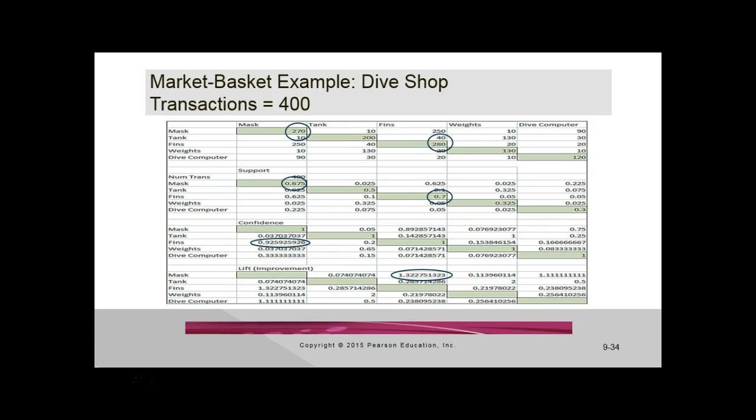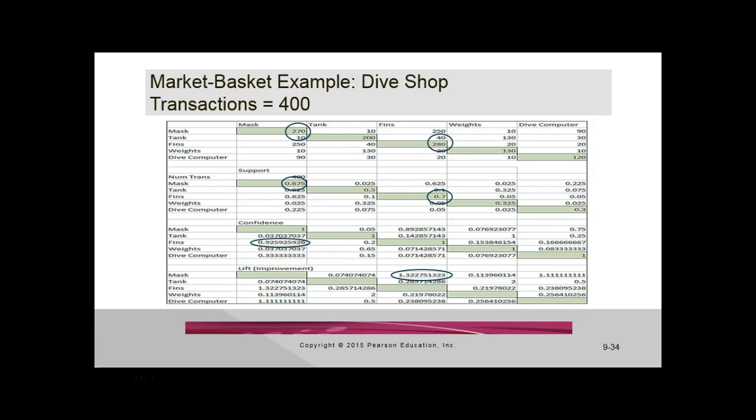You read that as: if I bought a mask, how many included fins as well? 250. So if we take that 250 of 270 transactions, just the ones that bought a mask, how many of them also bought fins? 250 divided by 270 is 92%.